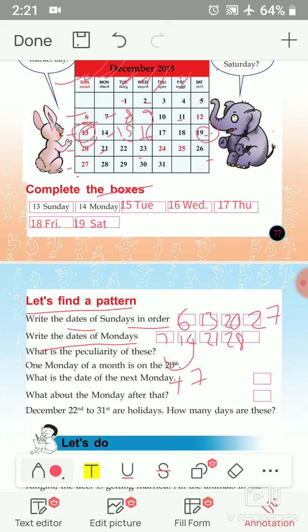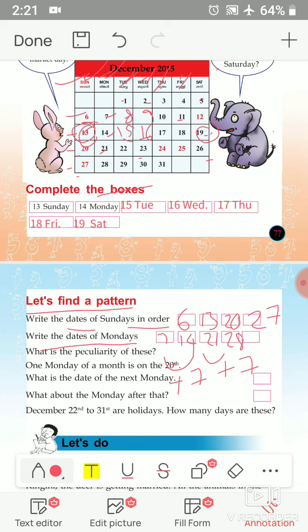Then find the next number: 14 plus what is 21? 14 plus 7 is the difference. Try it. 14 plus 7: after 14 comes 15, 16, 17, 18, 19, 20, 21. Yes, 7 is the difference. Then 21 and 28. Which is the difference? Again 7 is the difference.